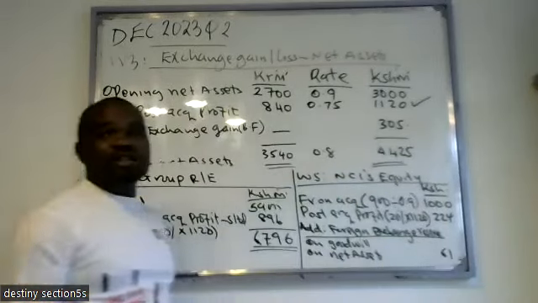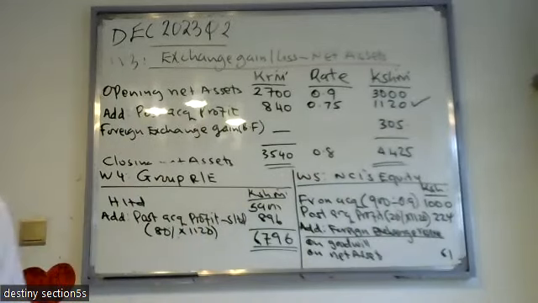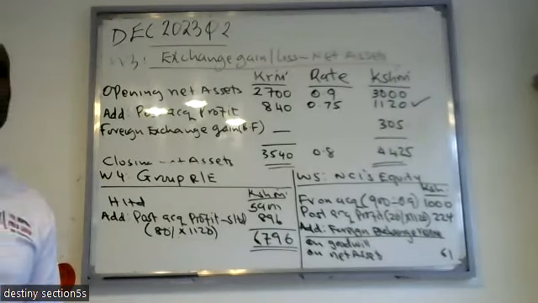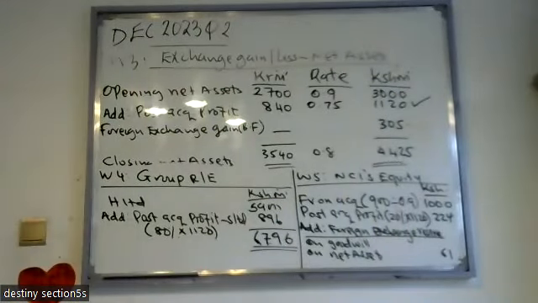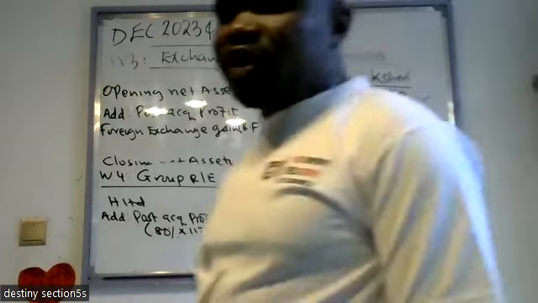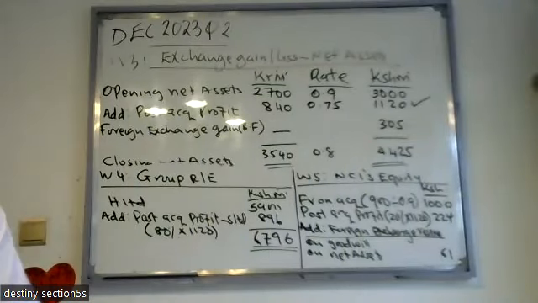How about goodwill? How much did we allocate to NCI on goodwill? Foreign exchange. How much did they get? How much did we allocate to minority from foreign exchange on goodwill?